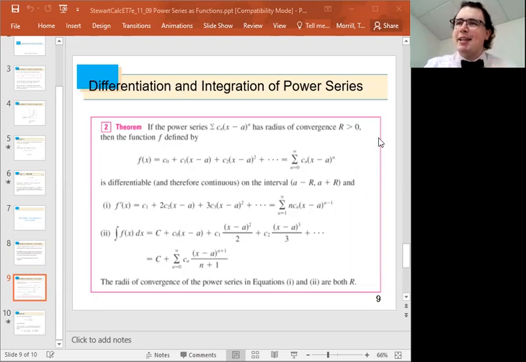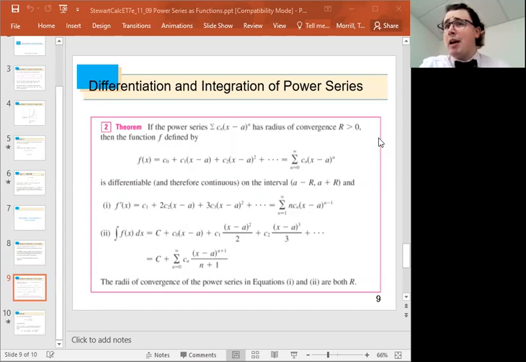As long as we're inside that radius of convergence, then my power series does define a function which is continuous, and which is differentiable, and which I can integrate.